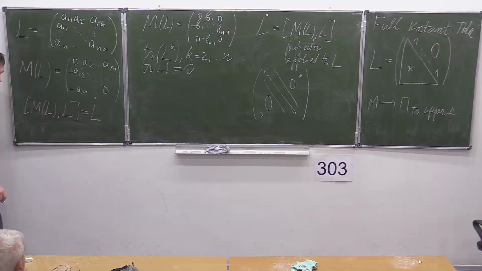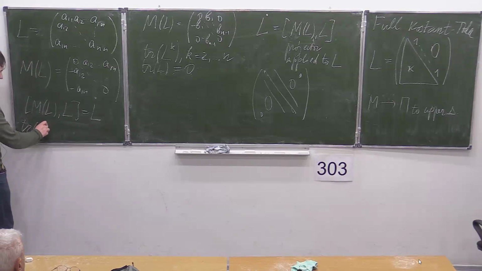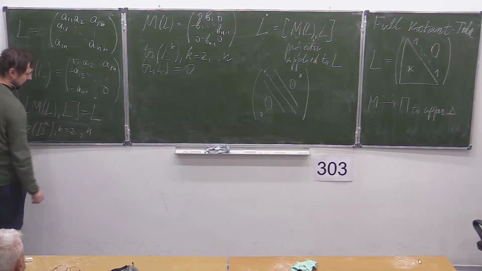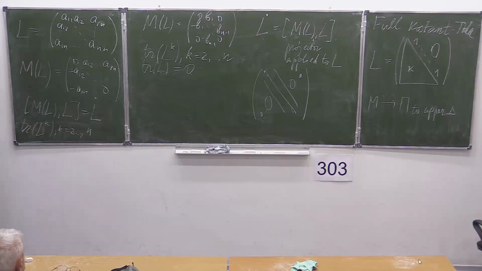And again, it turns out that, of course, all traces of L to the power 2k are in fact first integrals of this system, functionally independent first integrals.